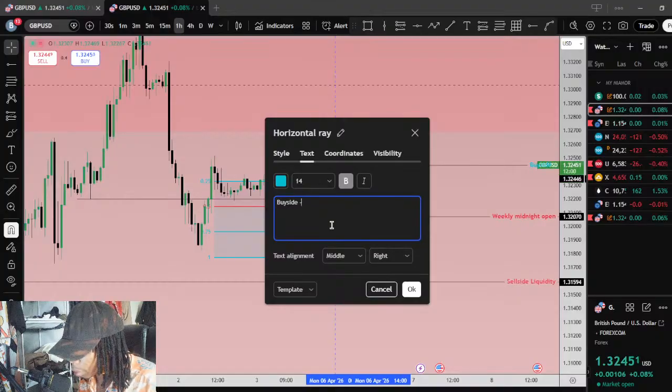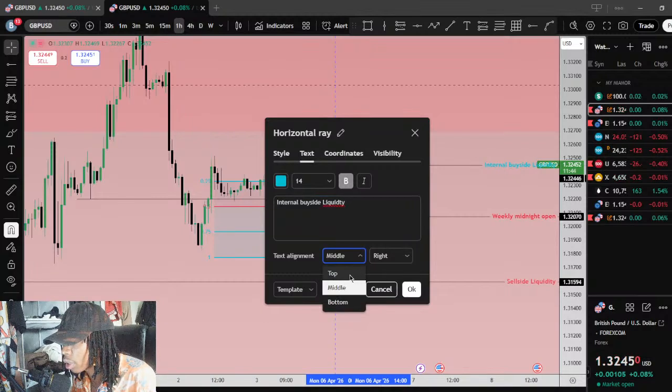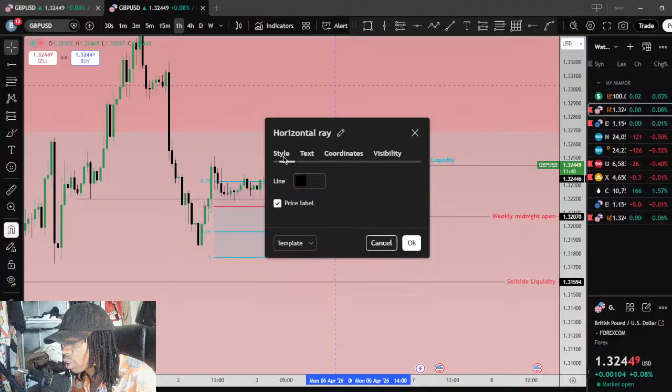I think I'll name it internal buy side liquidity because it is the first thing that my eye gravitated to. Liquidity, I think that's better. So I'm gonna put it on top and do a little bit of changing of the colors here.